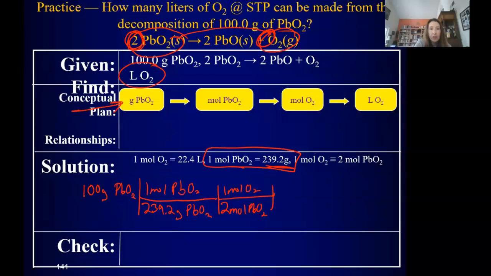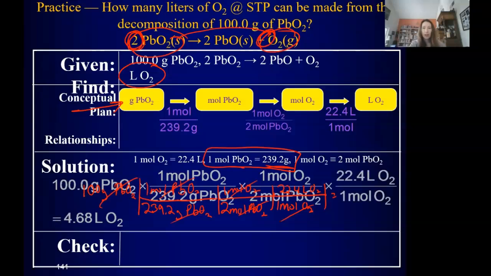Now we want liters of oxygen, right? In 1 mole of oxygen, there are 22.4 liters of oxygen. See that nice little shortcut there? I love that little shortcut. Again, it only works because it says STP. If it did not say STP, it would not have worked, right?